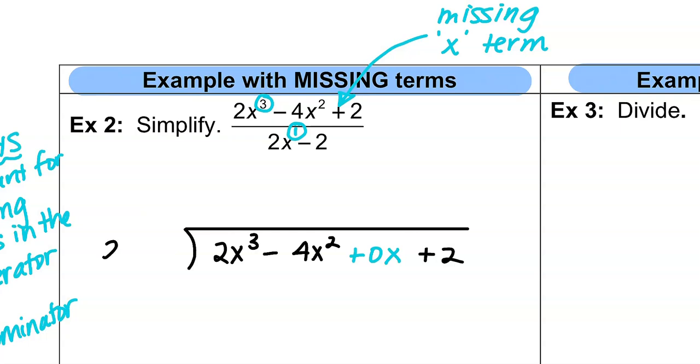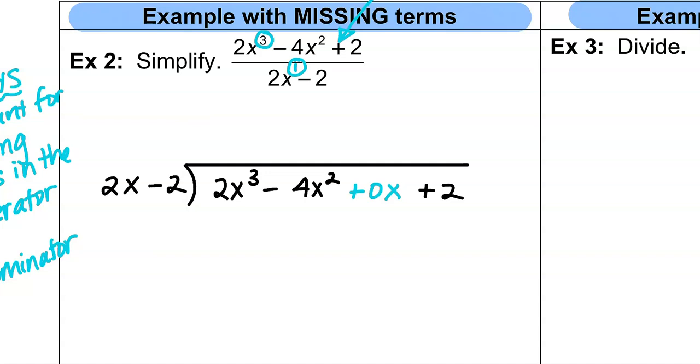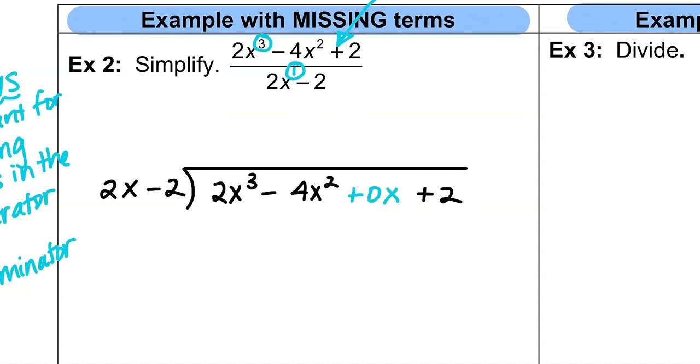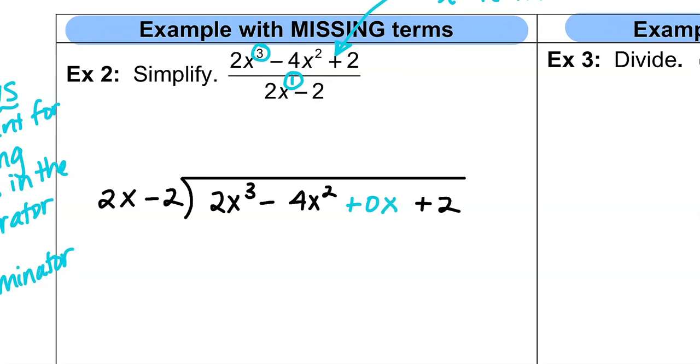And then in the denominator, we're going to do 2x minus 2. Okay. And then we're going to do all the work that we did up above.